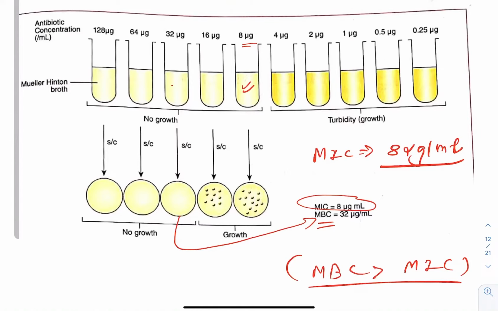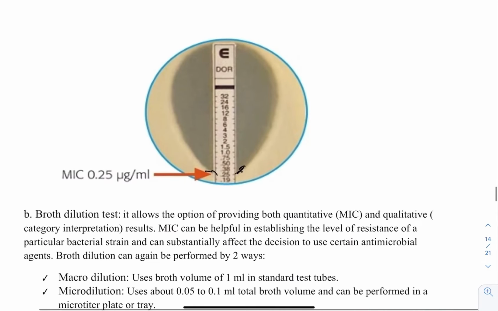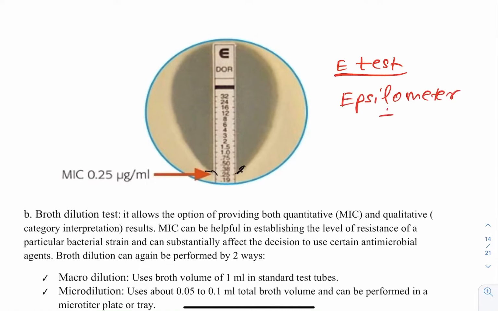Other than that, remember an important test that has come nowadays, termed the E-test or epsilometer test. This E-test has an antibiotic gradient here, and you can see it by this particular zone.